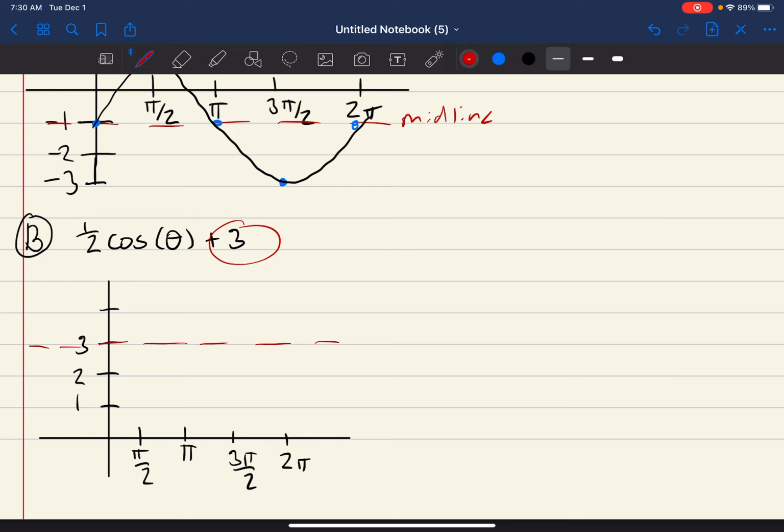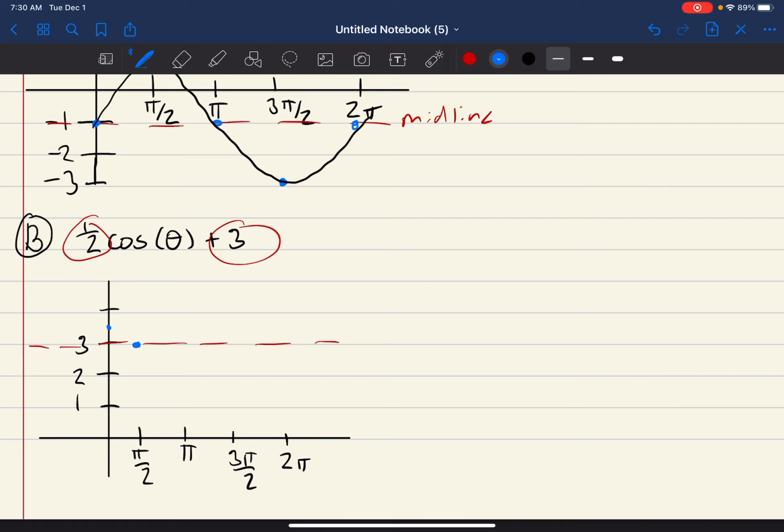And you're like, this is going to look ugly because of this fraction. Remember, fractions are beautiful. So I know that instead of going up by 1, it would be 1/2 because the amplitude changed to 1/2. So it's not 1 anymore. And then once it hits this, it'll just go right here.